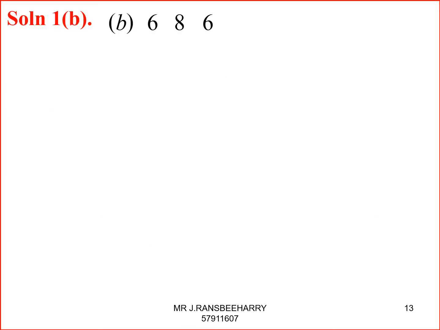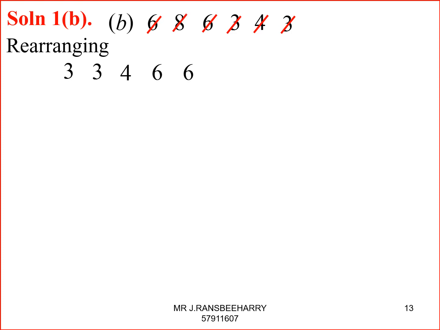Now part B, we have the set of numbers 6, 8, 6, 3, 4, 3. First step, we must rearrange. So we have 3, 3, 4, 6, 6, 8. So n here is equal to 6, even. In the first part we took an example where n is odd, now n is even.